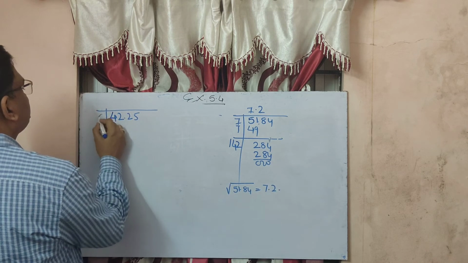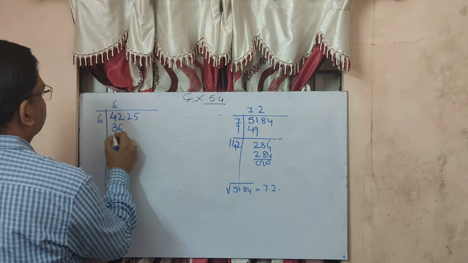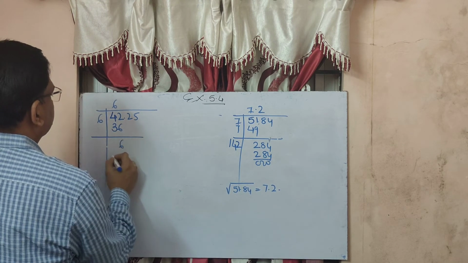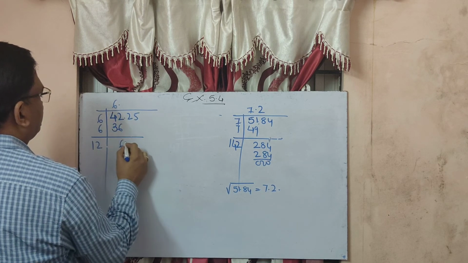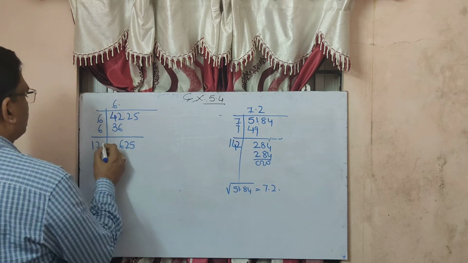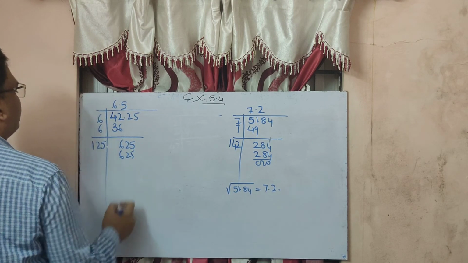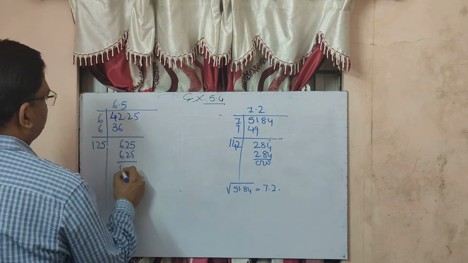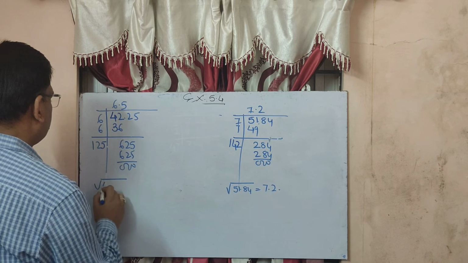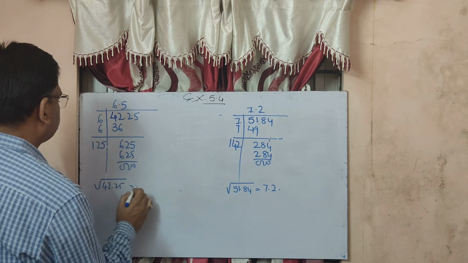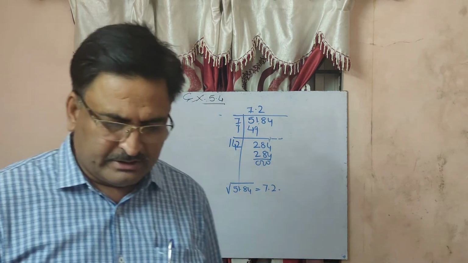So 42 is near which of the perfect square? 6 6s are 36. So that is 6 remaining. 6 plus 6, 12. So point is there, put point. 25, take it to 5. So whatever you are writing, write it down here. If you want 5, the 5 5s are 25. So that is 625. Therefore, square root of 42.25 is 6.5. So this is the way you have to do it.